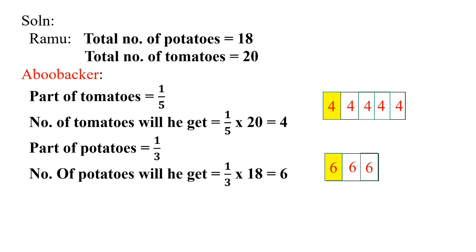So 1/5 multiply 20. When we are finding part of any quantity, first we have to draw a whole and split it into parts. I am drawing a rectangle and dividing it into 5 parts. After that, shading 1/5. In the total, I am coloring only 1 for 1/5.